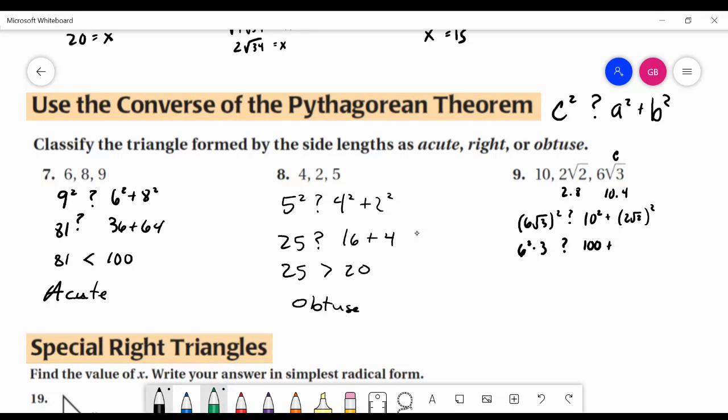Actually, let me just write out the step. So 36 times 3, 4 times 2. 36 times 3 is 108. 100 plus 8 is 108. So since these are equal, this is a right triangle.